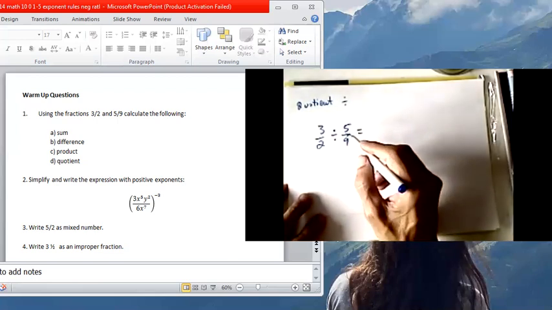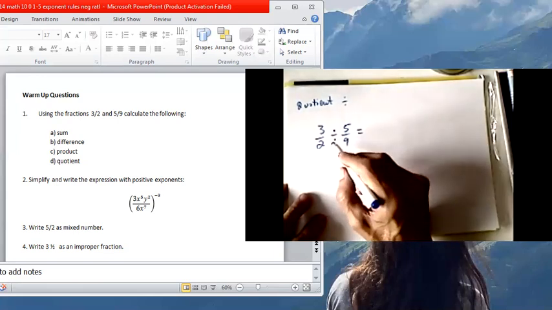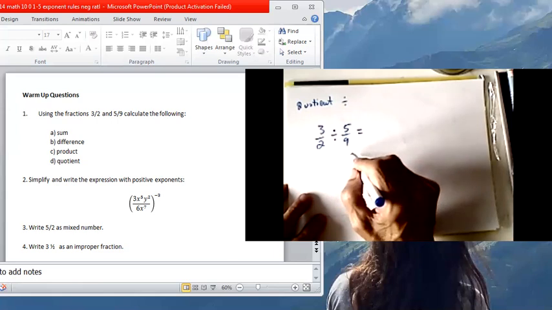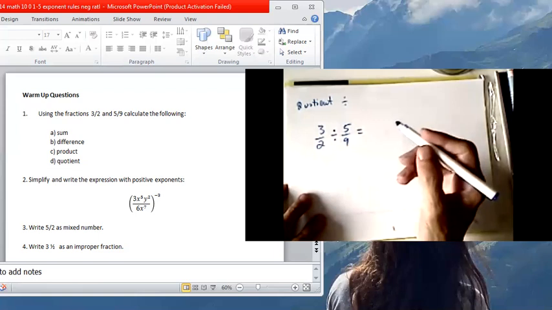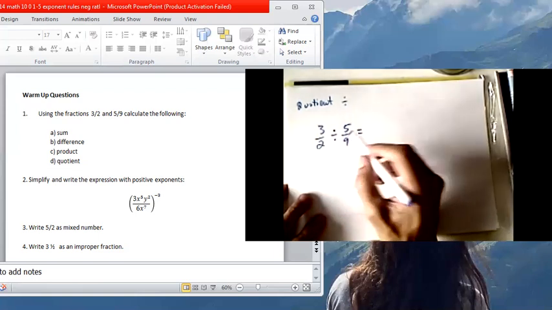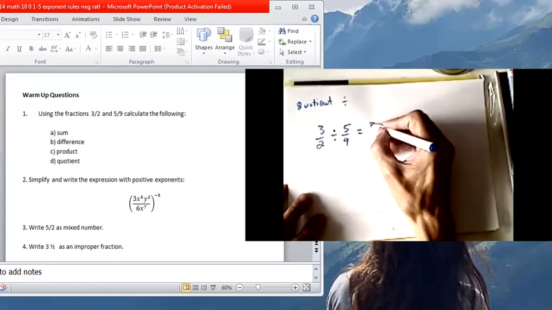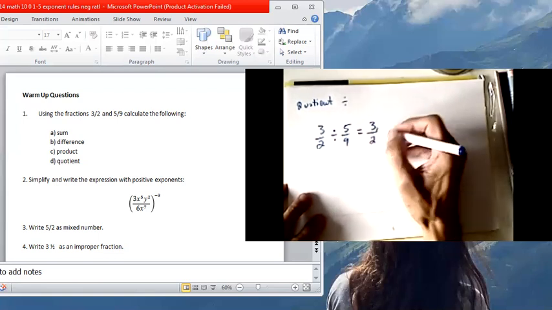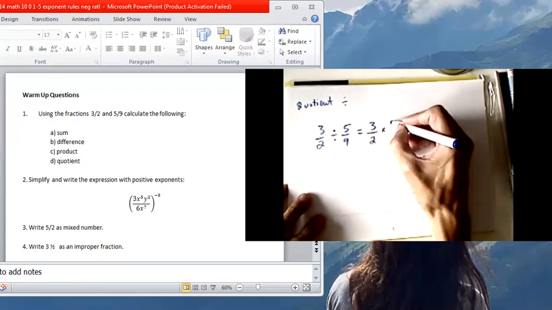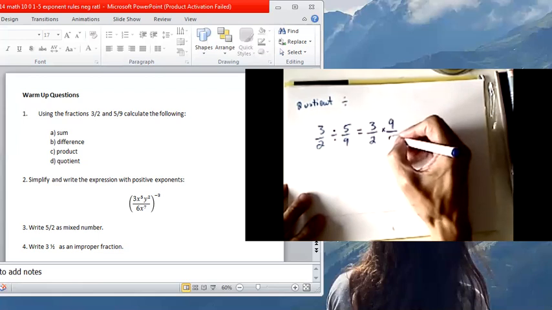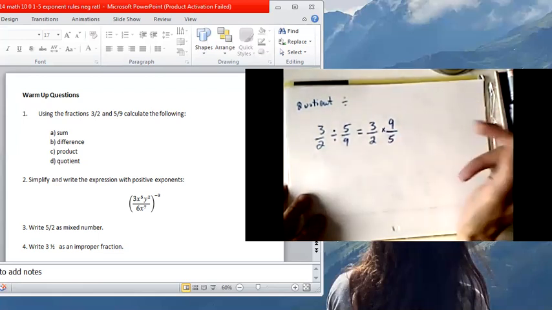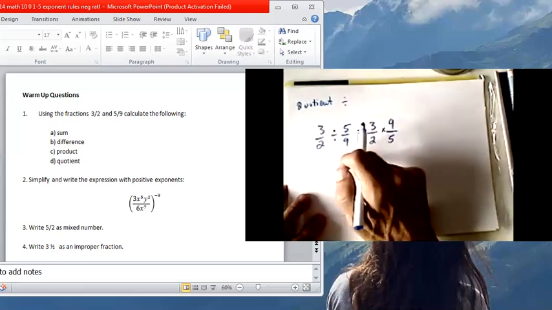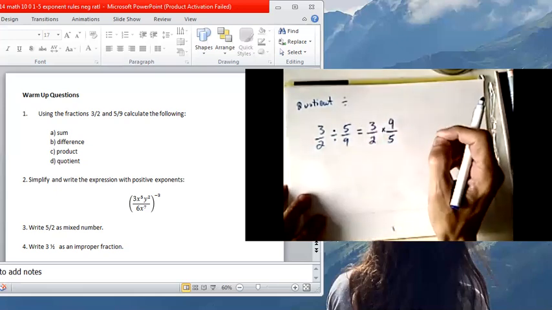What you do is you always change the dividing sign to multiply, and at the same time, turn the second fraction upside down. So 3 over 2 changes to times the second fraction, okay, times upside down. That's how you can deal with dividing.